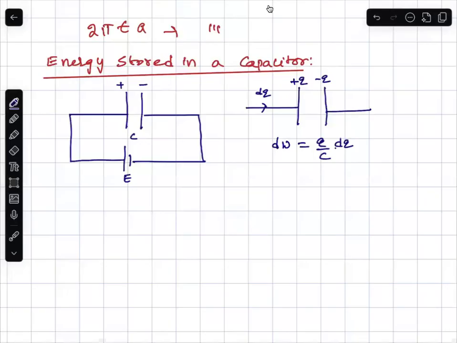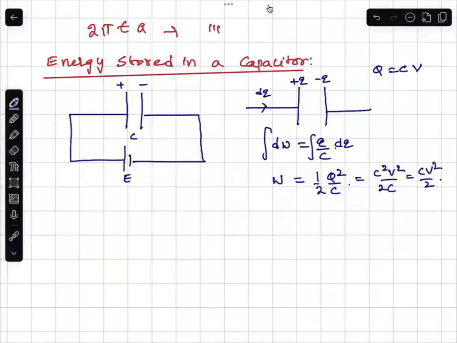Yes or no? At this instant, on the capacitor, you are doing this much work. Now, if you add all such works, the total work done on the capacitor will be Q square by C, where Q is CV. This you can write as C square V square by 2C, or CV square by 2.